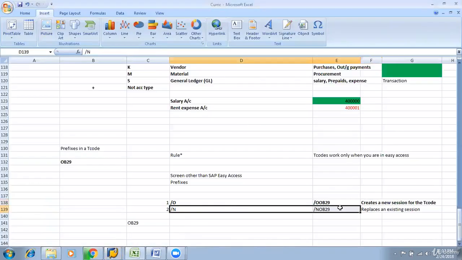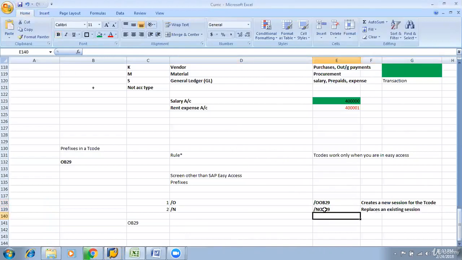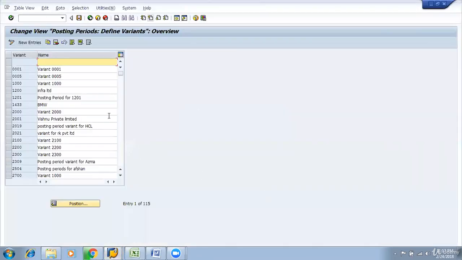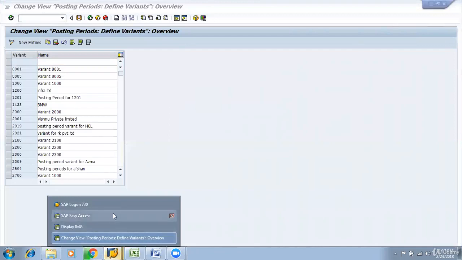Let me use /n OB29 this time. What should it do? This screen will be removed or replaced with OB29. Okay, so we have here SAP Easy Access, Display IMG, and Change View Posting Periods.